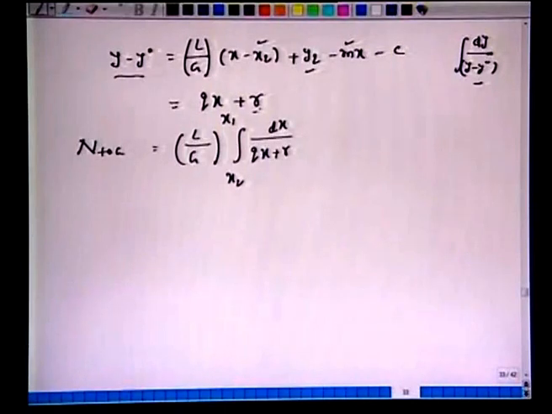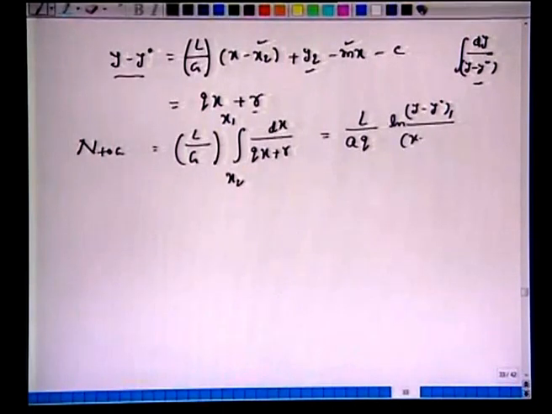So, we have L by G integral x 2 to x 1 of dx by q x plus r. One can again integrate this to get L over q, ln of y minus y star at 1 over y minus y star at 2.